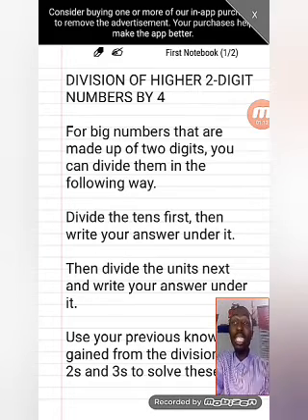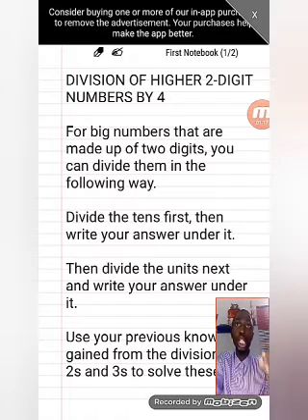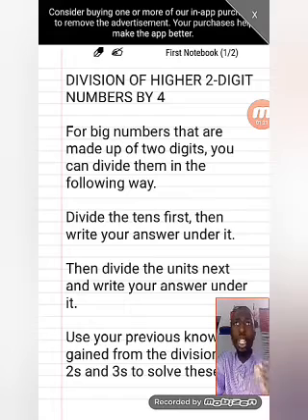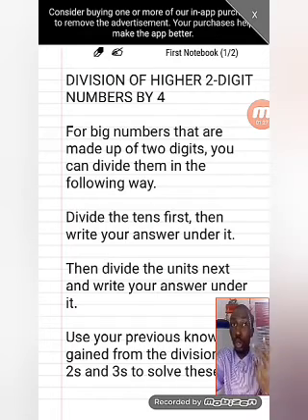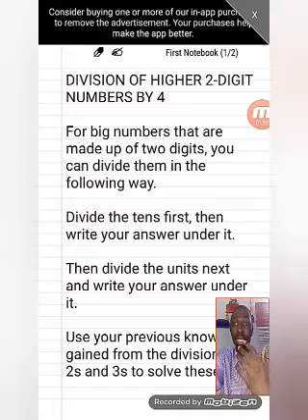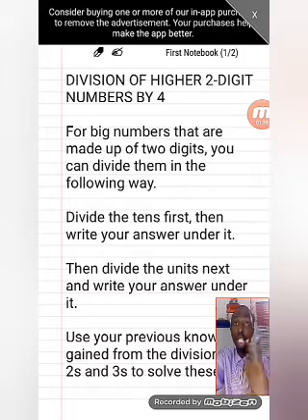We don't need to state our objective. That is the objective: the division of higher 2-digit numbers by 4. Now let's go into it. For big numbers that are made up of 2 digits, like maybe 73, 64, 51, 25, 98, 82, they are all 2-digit numbers.